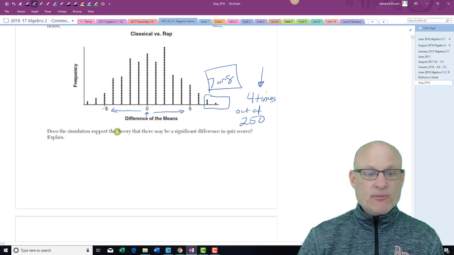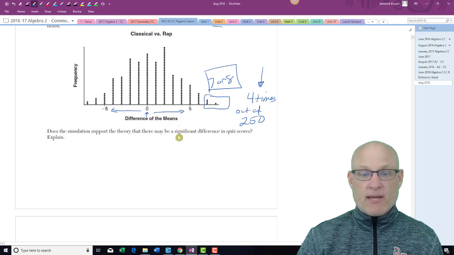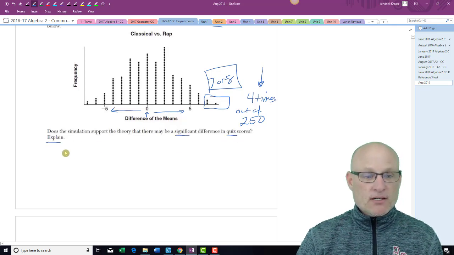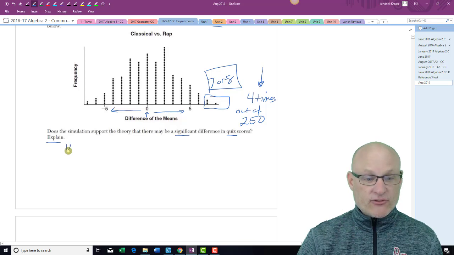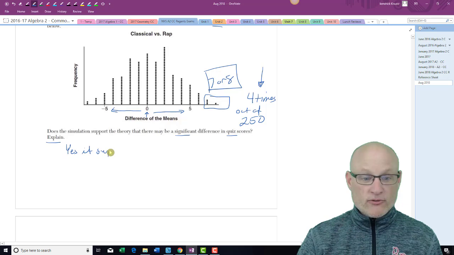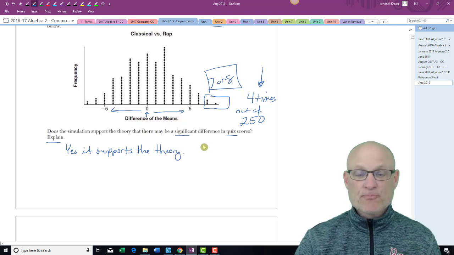So, does this simulation support the theory that there may be a significant difference in quiz scores? Explain. Does it support the theory? Yes. It supports the theory. Boom. That's yes, it does.